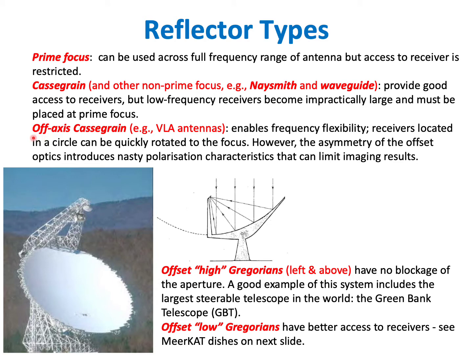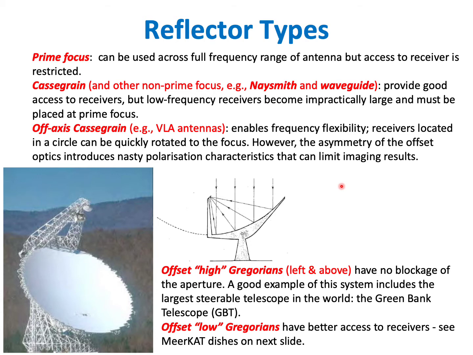So back to Cassegrains, off-axis Cassegrains. The reason for the off-axis nature, so for the VLA antennas, this enables frequency flexibility. So that means they can change the receiver very easily. So they have the receivers located on a plate, a circular plate that they rotate, and the center of that plate is in the center of where the focus would be.